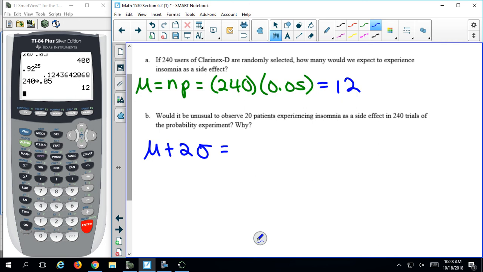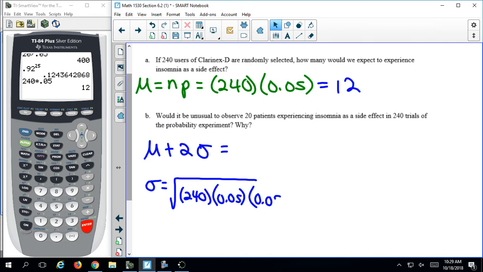So I need sigma, so I'm going to do my sigma calculation here. It's the square root of n times p times 1 minus p.